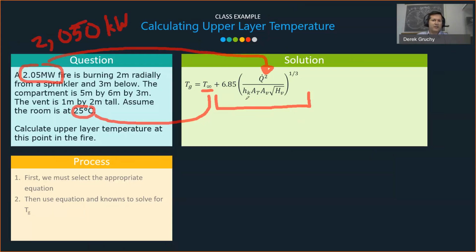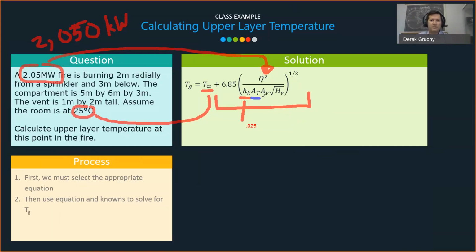Then we have the hk value, which is the property of the surroundings. But we said we're just going to assume for this course that that's 0.025. Okay, so that's going to be a constant. And then we have the area, surface area of the room minus the vent openings. So just the actual walls, the ceiling, and the floor that are going to absorb the energy from the fire.